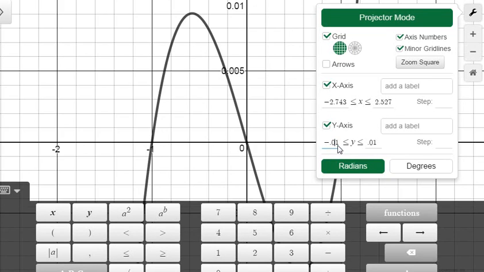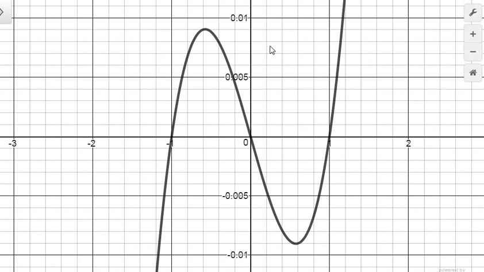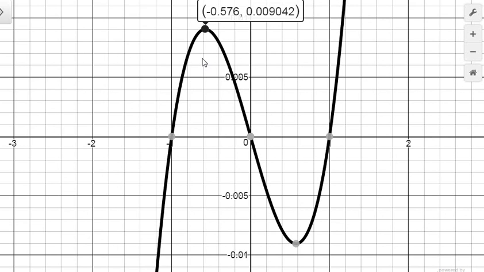That's 1/100th in terms of height on the y-axis. So it's barely getting above the y-axis. But let's see about our point. Where's that point? Negative 0.576. That's pretty close to what we got on our calculator, isn't it? That's real close. And you can see its twin on the other side of 0 right down here.